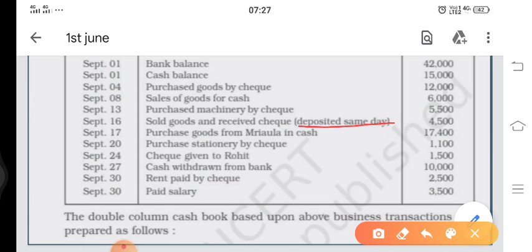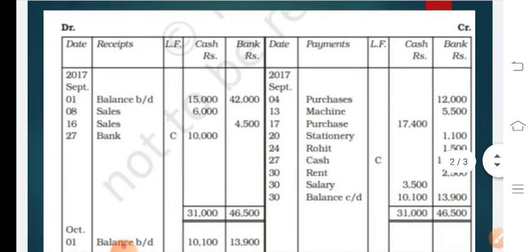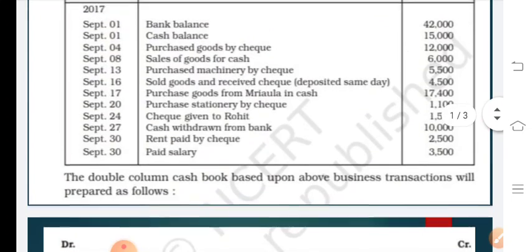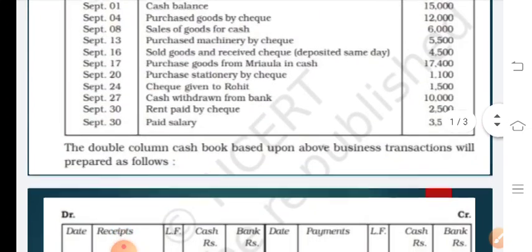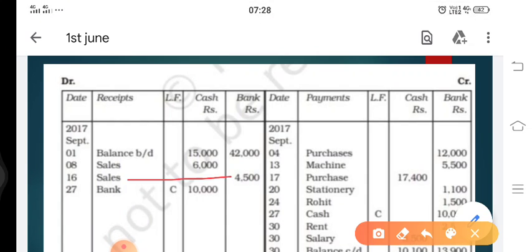Since you received check and deposited it on the same date, your bank got debited. And since your bank got debited, you will go to debit side of cash book and write down to sales 4,500.